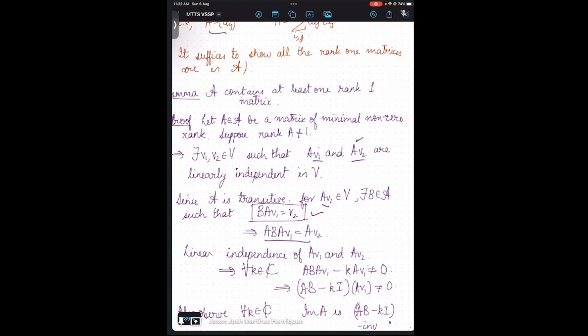So linear independence of these 2 vectors, AV1 and AV2, implies that for every member k of the ground field, this combination will be non-zero, because if it is 0, then I would get a linear dependence relation between them. So I just rearrange that accordingly, and I can write that the vector AV1, when multiplied by AB minus KI, is always going to be non-zero.